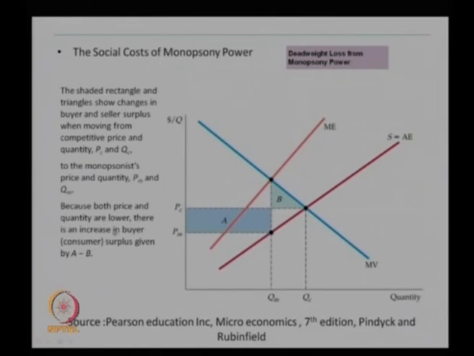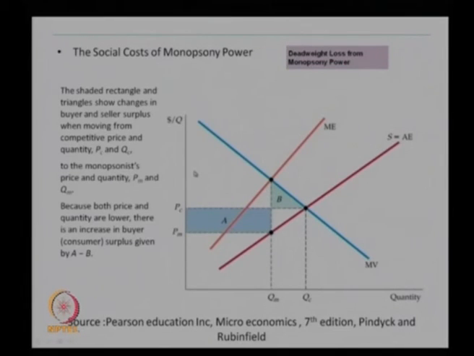Because both price and quantity are lower, there is an increase in buyer surplus given by the amount A minus B. Some buyer surplus is there, but part of it goes to the buyer and some amount is still considered as the deadweight loss.